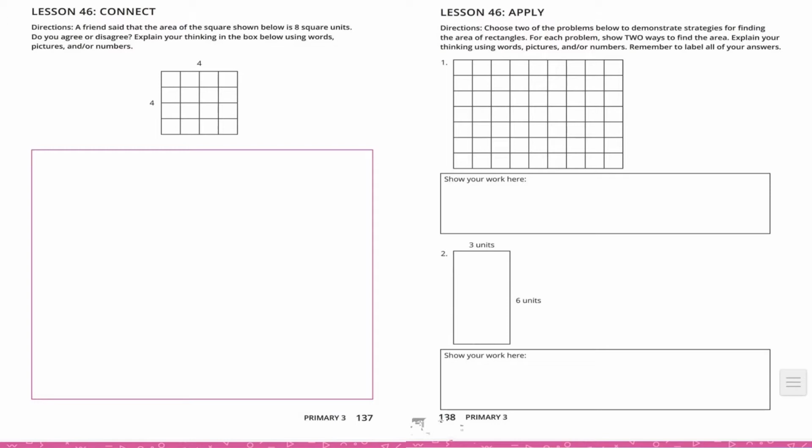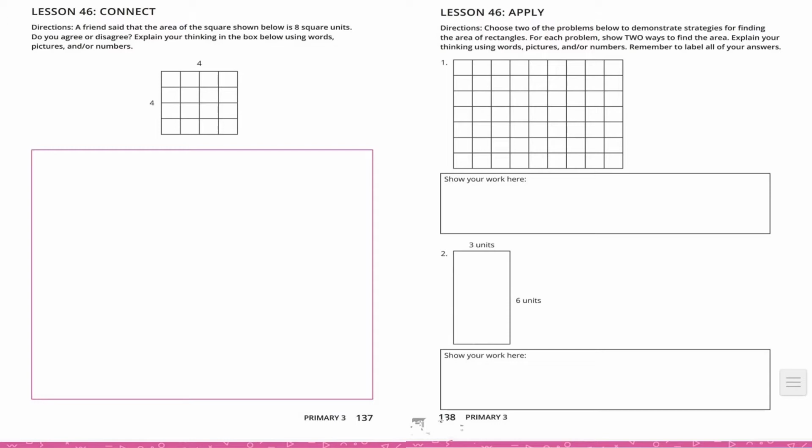To find the area of a square, we have 3 ways. We can count all squares, or we can multiply length times width, or we can multiply rows times columns. We know that the length and width are equal, so the rule of the area of a square equals side times side.